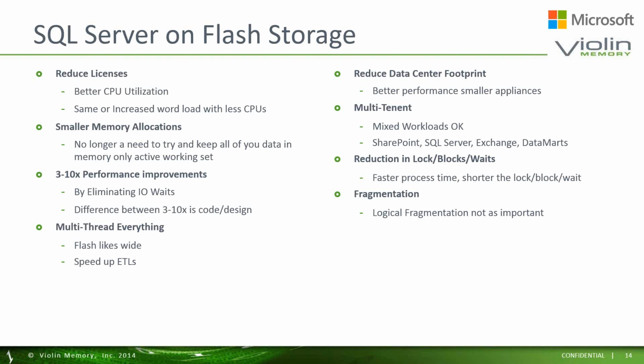You don't need to do that anymore. You can reduce your ETLs by quite a bit by multi-threading your inserts. You do have to pay attention to your page latch waits. Then you start getting into table design, but you can exponentially increase the speed of your ETLs and processing.